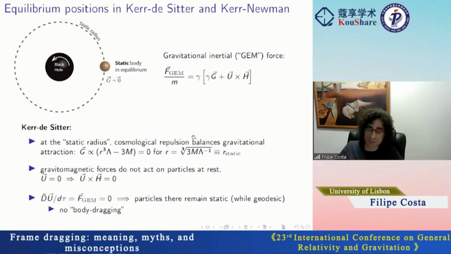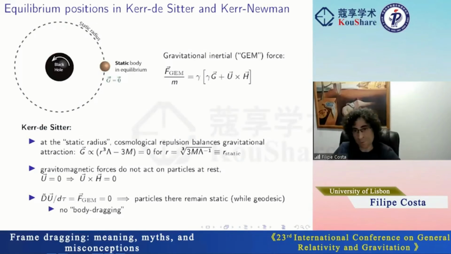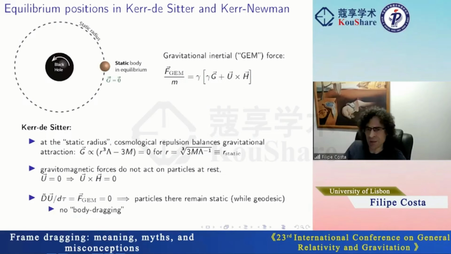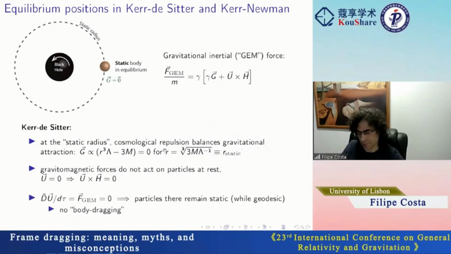But perhaps the sharpest example against this notion are the equilibrium positions for test particles that exist in some black hole spacetimes, like Kerr-de Sitter and Kerr-Newman. Starting with Kerr-de Sitter, it is well known that there is a radius called the static radius, where the cosmological repulsion exactly balances the gravitational attraction.